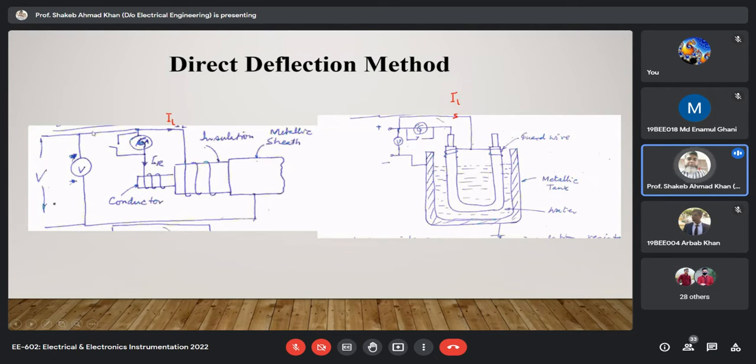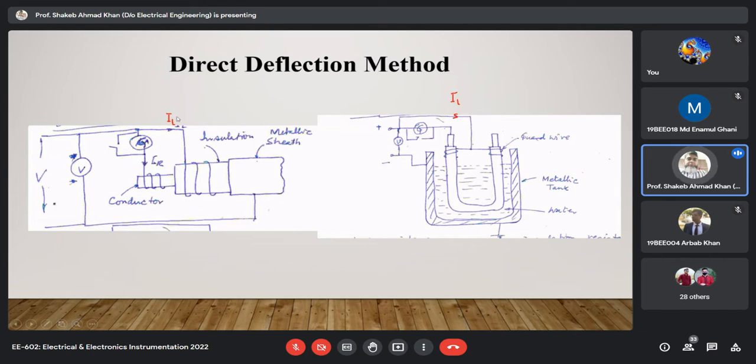Instead of an ammeter, we are connecting a galvanometer here, because very high sensitivity is required. And then we go to the insulation. After the insulation, the return path is through the sheath, and this circuit is completed.